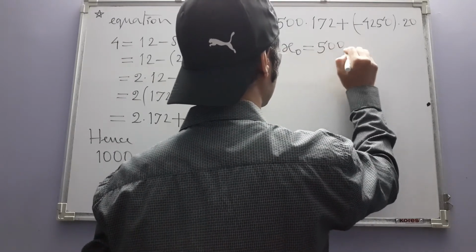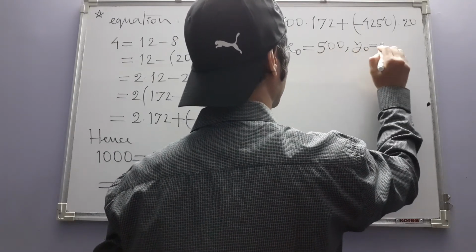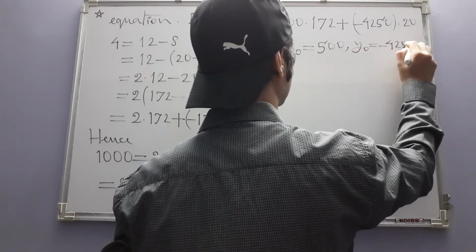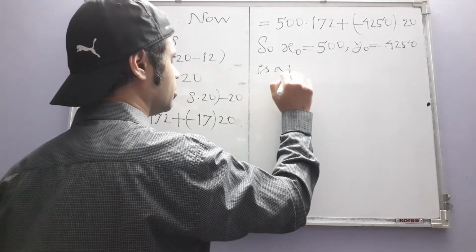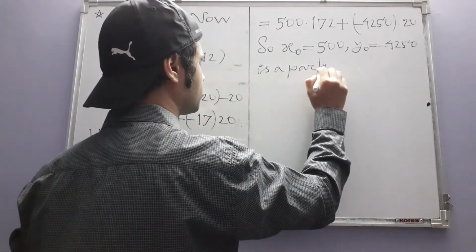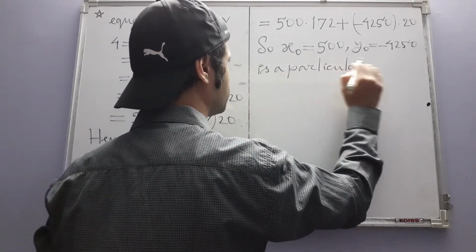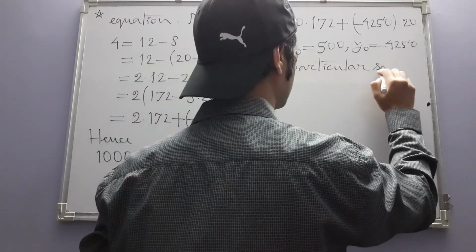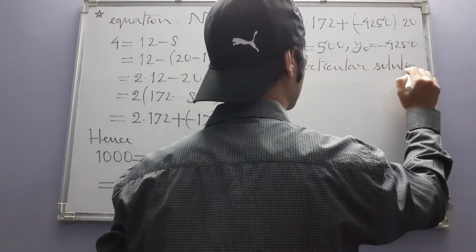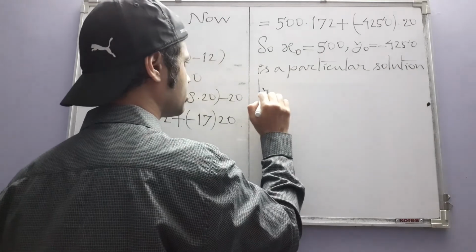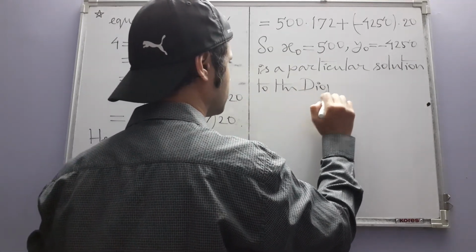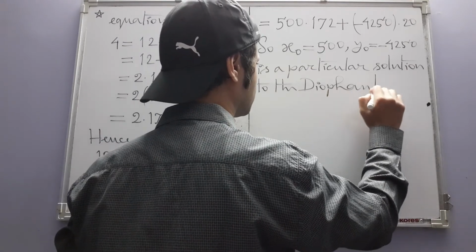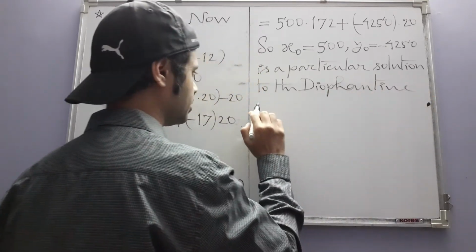So x naught is 500 and y naught is minus 4250, a particular solution to the given Diophantine equation.